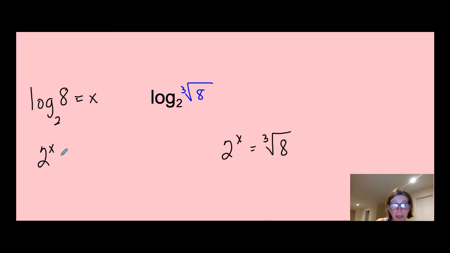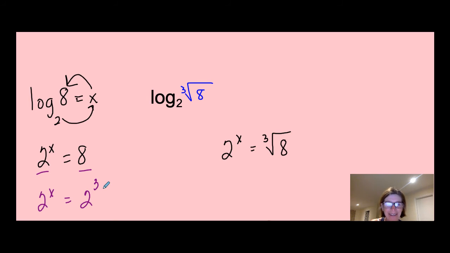You'd write it exponentially, 2 to the x equals 8, and you'd solve it as an exponential equation. You want to make the bases the same. Right now, you have a base of 2 on the left and a base of 8 on the right. Is there a way for you to write the 8 with a base 2? I think so. You could write it as 2 cubed, right? So, as soon as you write it as 2 cubed, using the 1-to-1, x would have to equal 3.